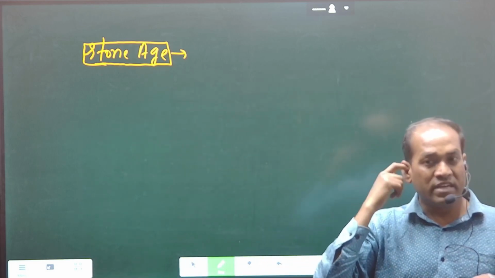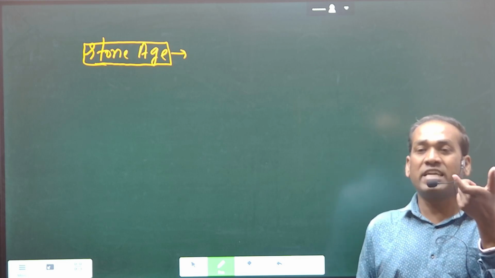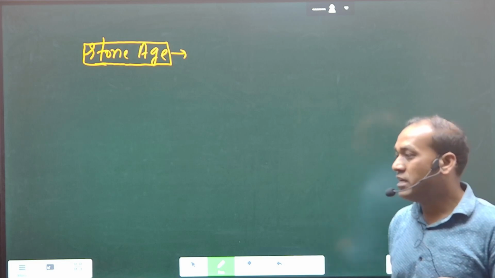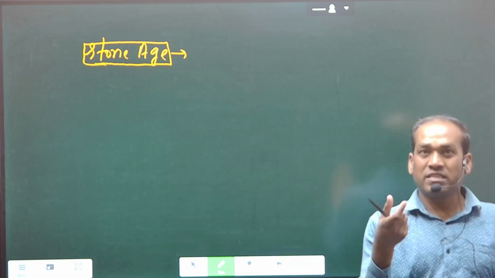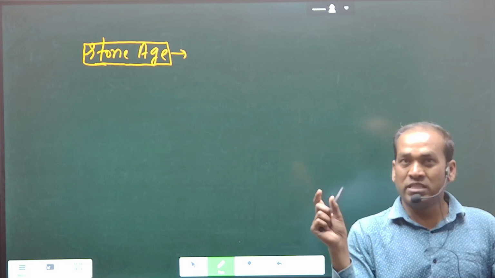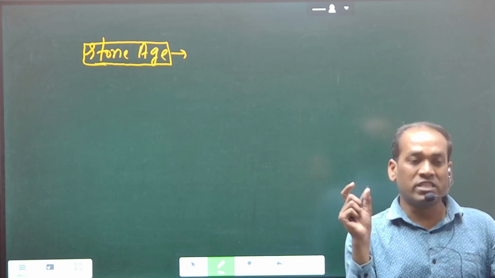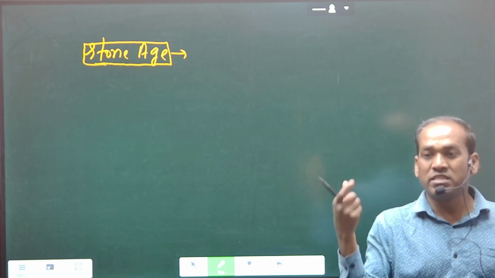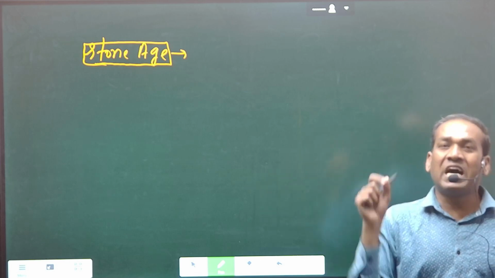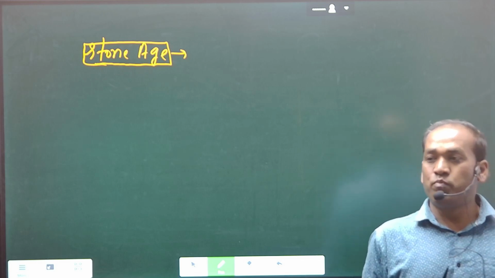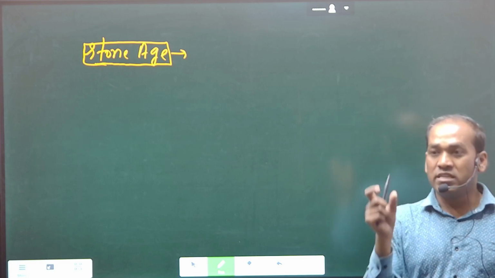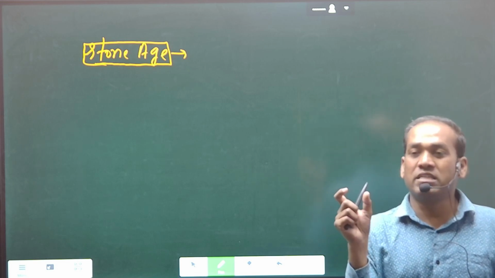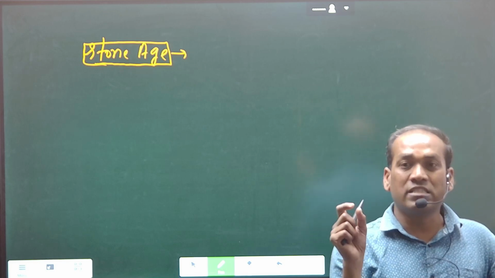And what is that evidence? That archaeological site of Bori, Pune district, Maharashtra. As you know, Maharashtra is a state of India. In the state of Maharashtra, there is one city, and the name of the city is Pune. In that Pune district, archaeologists discovered one historical site, and that historical site is Bori.